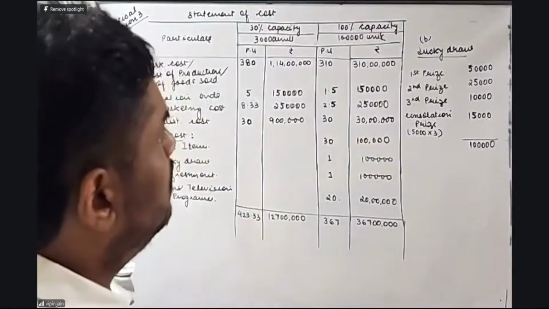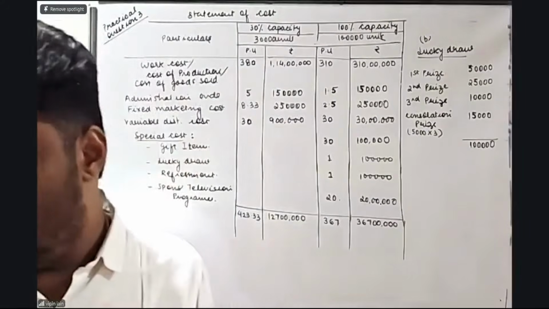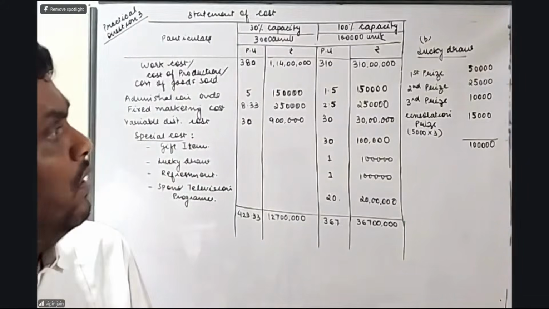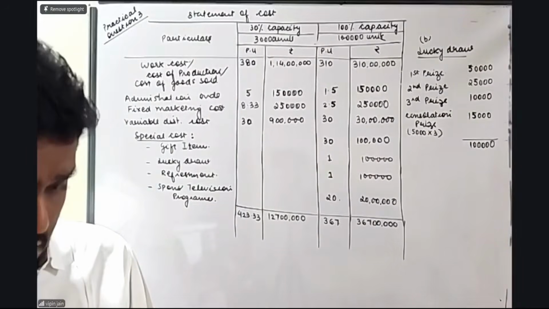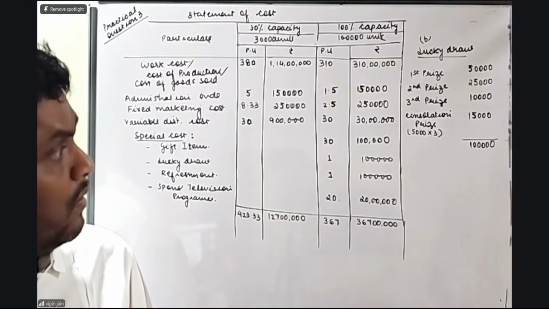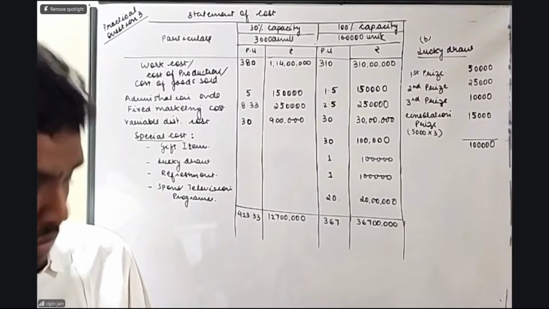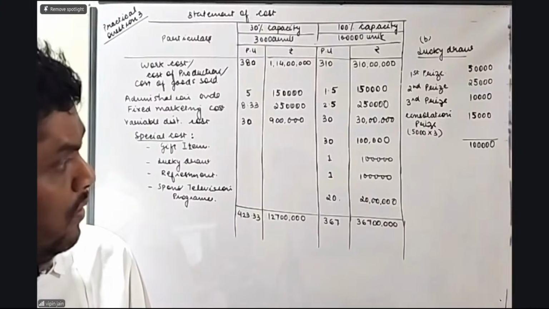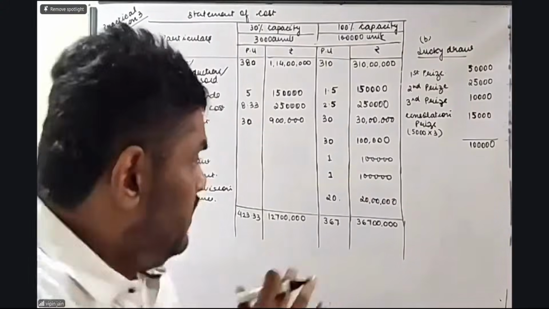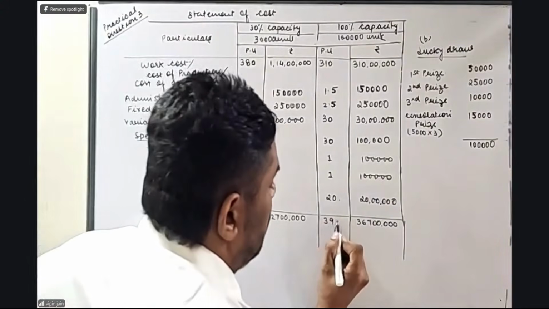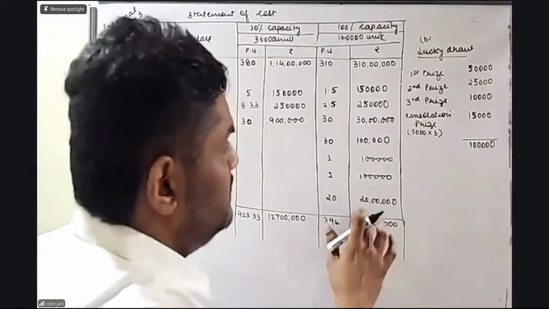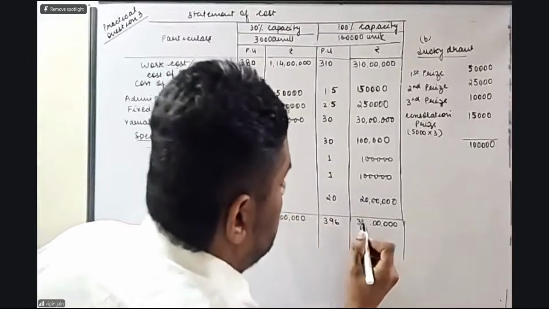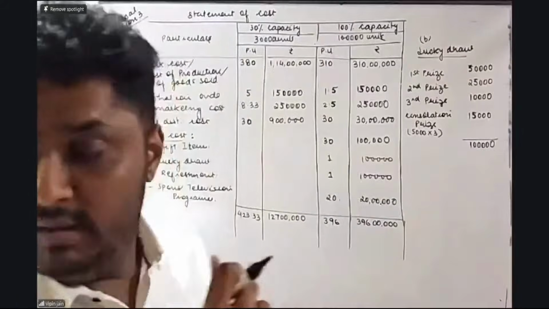Sorry, it is 396. It is not 2 lakh; I thought it was 2 lakh. 396.